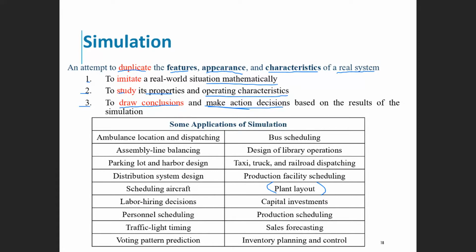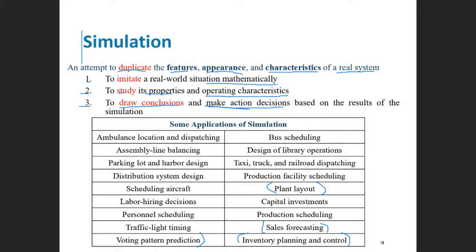For sales forecasting, inventory planning, taking many different applications to show you how widely it can be implemented.